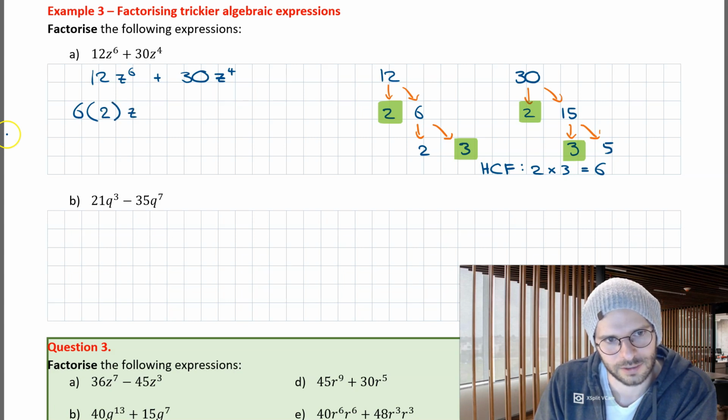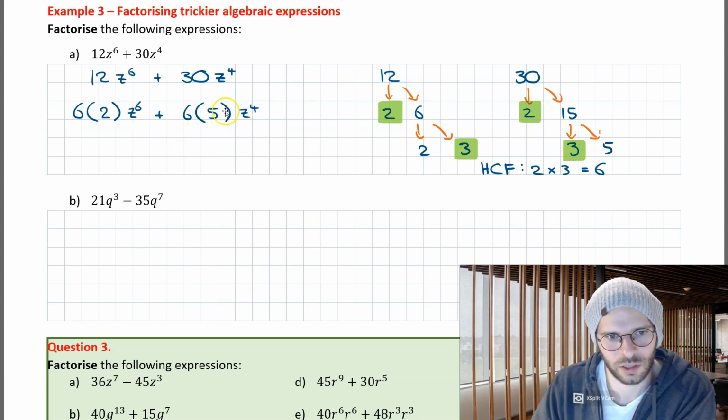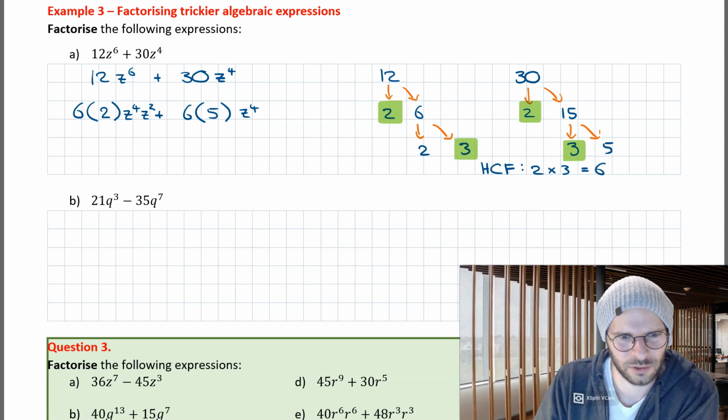We leave behind z squared, or z to the 6, plus 30 divided by 6 is 5, z4. You can see that there's a z4 and a z6. z4 is smaller, so we can rewrite the z6 as z4 multiplied by z2, because it's still equal to z6.